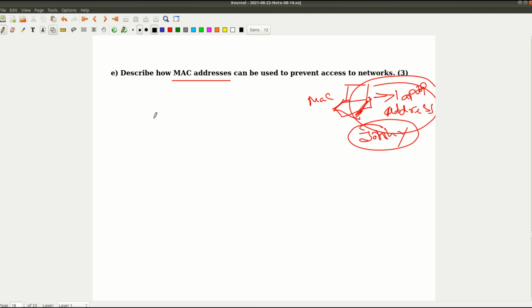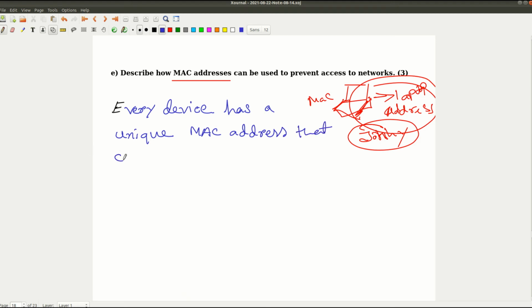Every device has a unique MAC address that can be blacklisted or whitelisted.